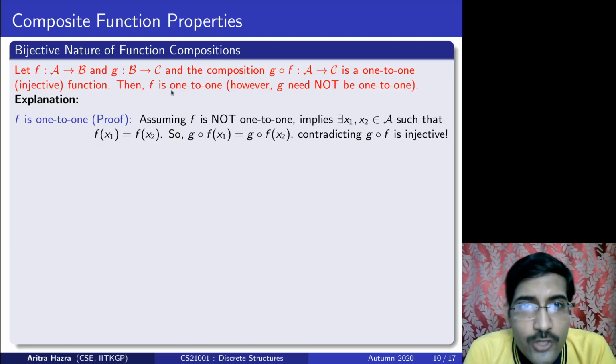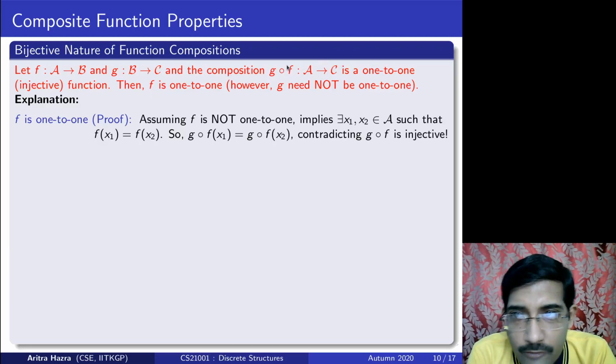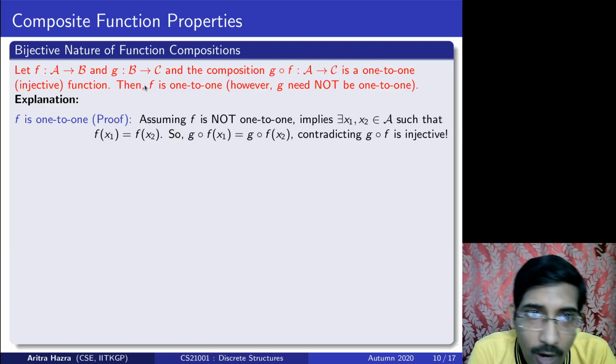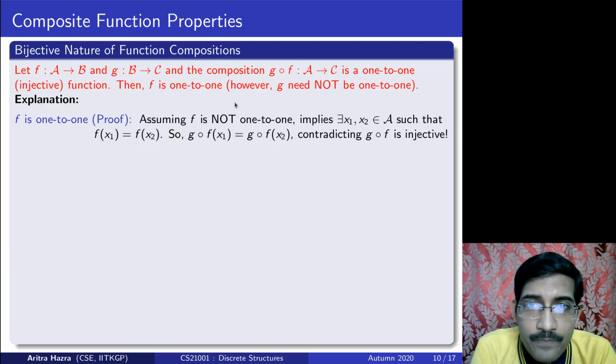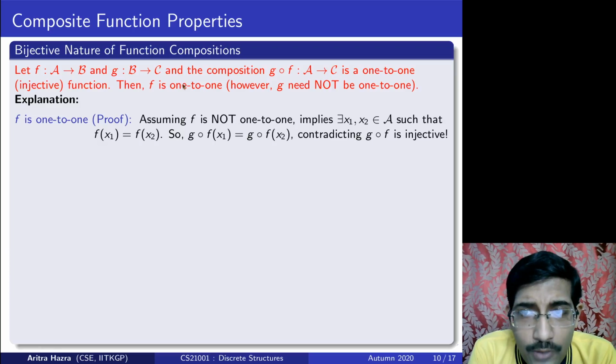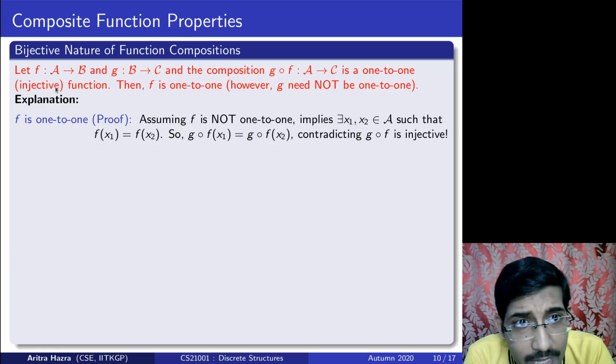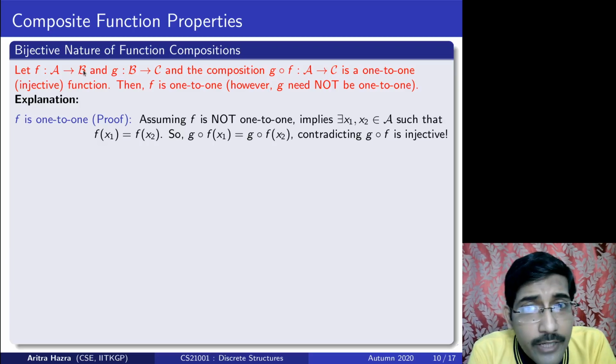So assume that f is not one-to-one. Assume that g∘f is given as a one-to-one composition, however your f is not one-to-one. If f is not one-to-one, there exist x1 and x2 in A, two different elements in A, which are mapped into the same element in B, such that f(x1) equals f(x2).